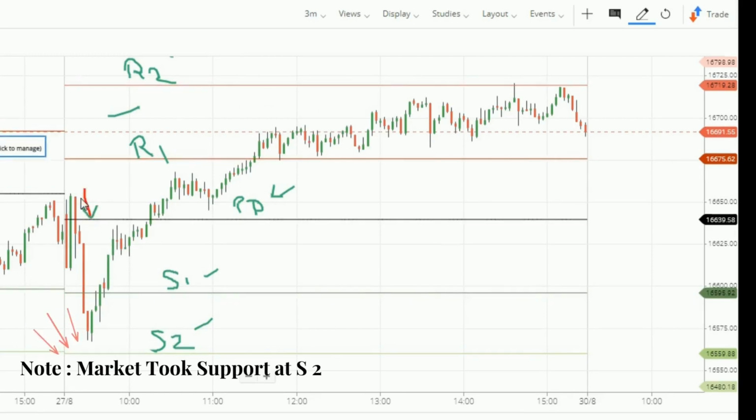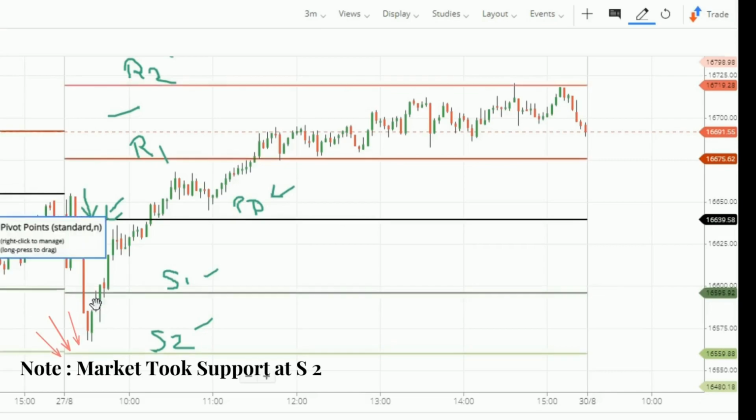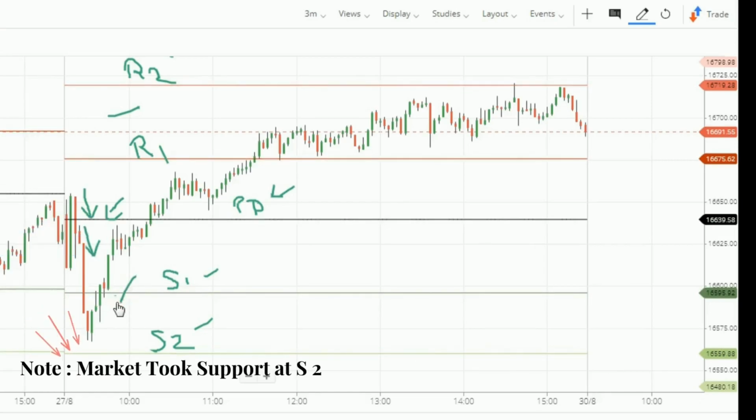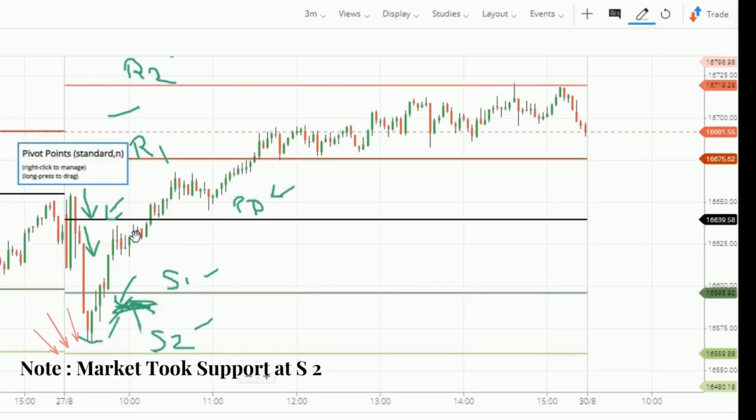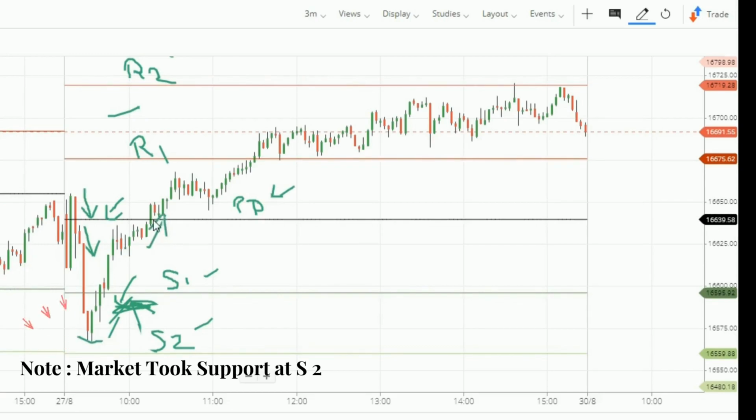We can clearly see there was a heavy resistance at the pivot point, so the market started going down. However, there was not a clear breakout at support 1 either, and there was a heavy resistance at support 1, and support 2 clearly gave a reversal from this line, went up, gave a clear breakout, and then took a retracement here, and gave a clear breakout again.